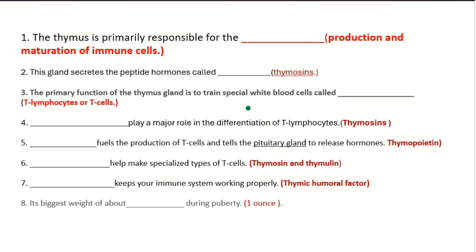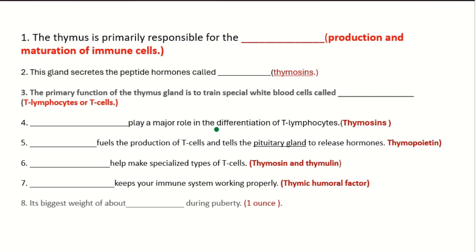Coming to the third one, the primary function of the thymus gland is to train special white blood cells called dash. It is option A, T lymphocytes or T cells. Coming to the next one, dash plays a major role in the differentiation of T lymphocytes.